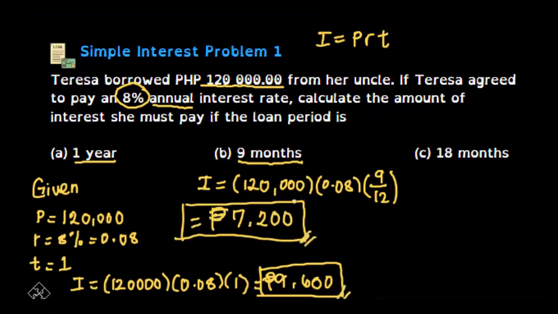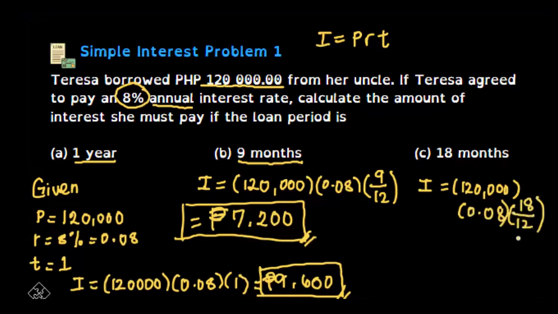Okay? So, let's try naman yung mas malaki pa sa isang taon, which is 18 months. Okay? Same given lang din, we have 120,000 times 0.08 times, this time, 18 months out of 12 months. So, 18 over 12 yan.